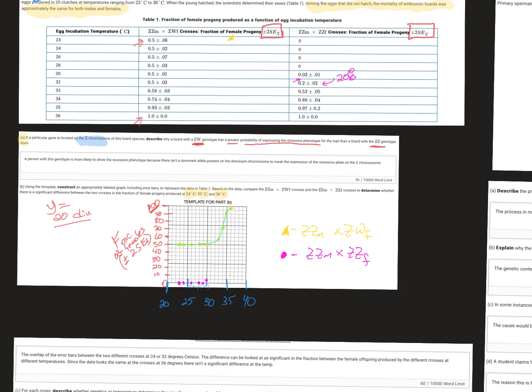So I have to jump up at 32. It comes up to 30%. So it's all the way up here. And then 33, it's 0.52. So 33 is 0.52. Just somewhere around here. And then 34 is 0.88.